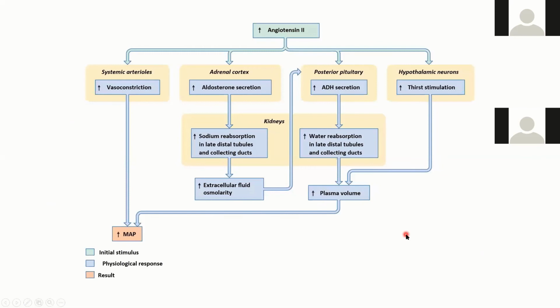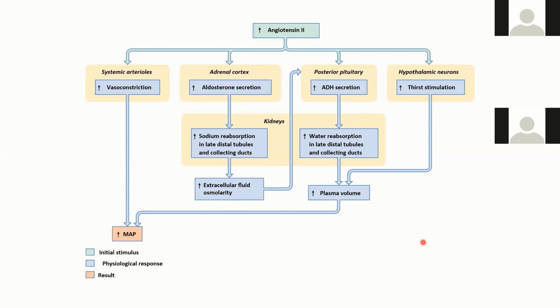And we looked at a number of ways this pathway works, because there are a number of different steps. One step we looked at was angiotensin 2 and the direct effects it's going to have on cells and on other parts of our cardiovascular system and nervous system. So we saw that angiotensin 2, in addition to causing the body to secrete aldosterone so that we reabsorb more sodium, is also doing vasoconstriction.